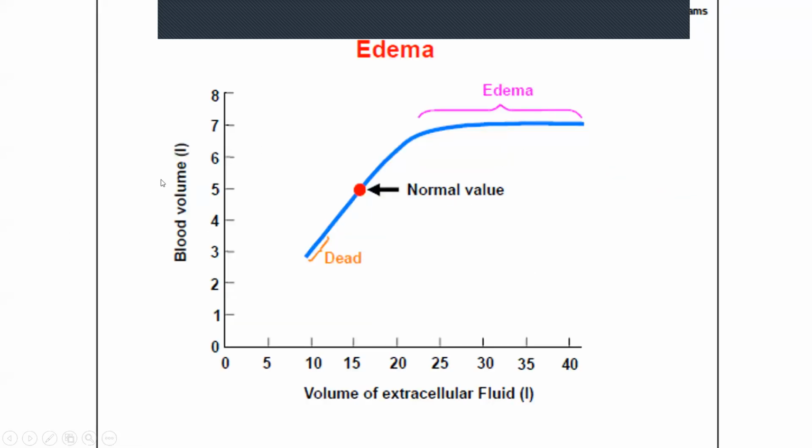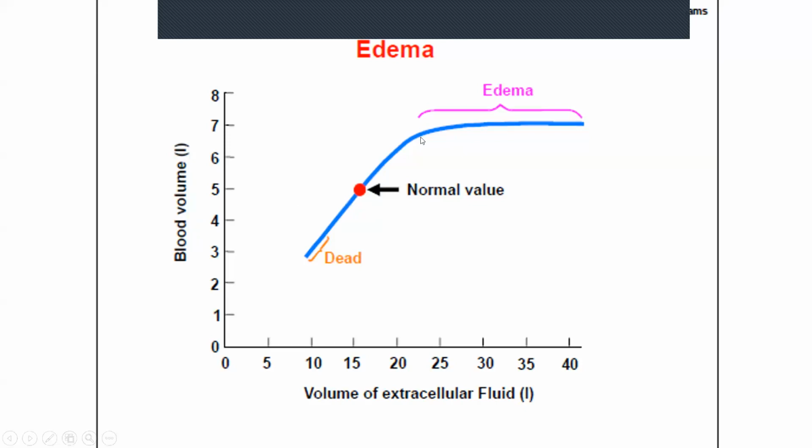Now, here's what happens to blood volume when you compare it to extracellular fluid. In this first portion, you'll notice the person's just completely dead because there's not enough fluid inside the body to support life. As your extracellular fluid increases, the blood volume is going to increase to match it. Because you're going to have more blood volume, and so there's more water outside the cells in general, and this will also push more water into the interstitial fluid.